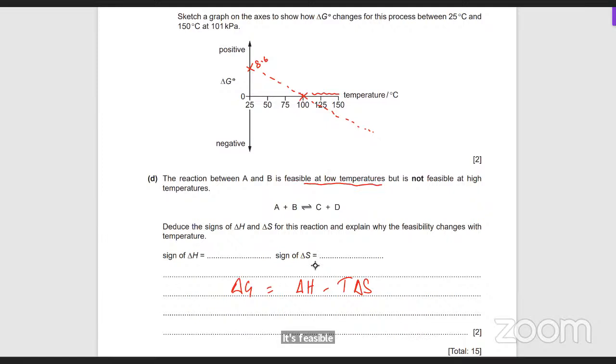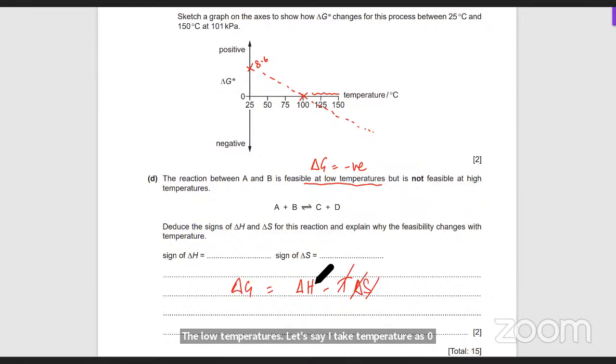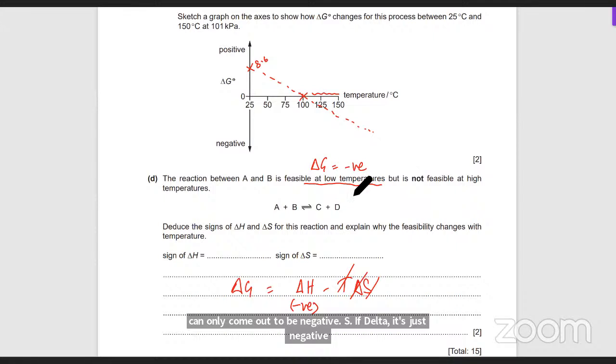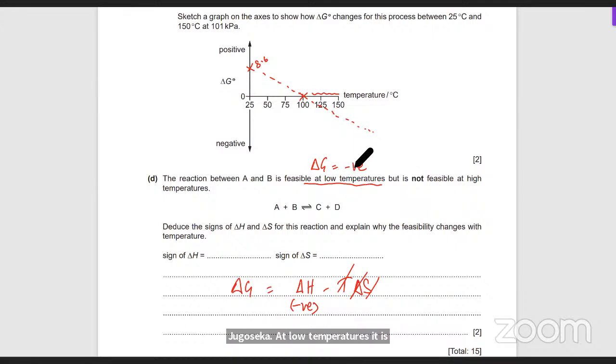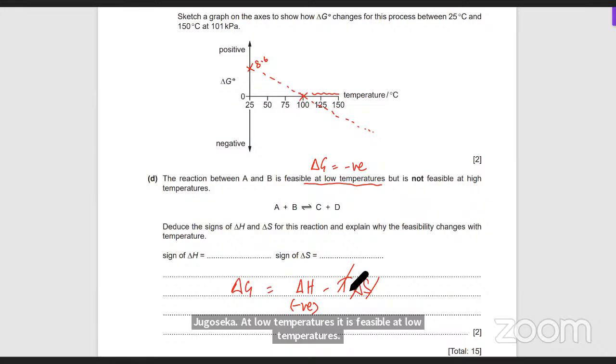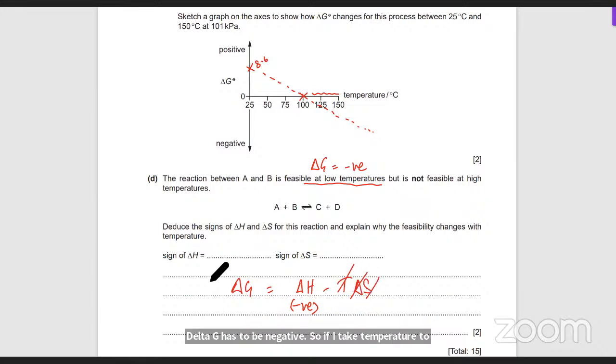So that means at low temperatures, delta G happens to be negative. Let's say I take temperature as 0. Then this part is gone. So how is delta G coming out to be negative? It can only be negative if delta H is negative, because it says that at low temperatures it is feasible and delta G has to be negative. So if T is very low, like T equal to 0, delta G comes out negative only because delta H must be negative.